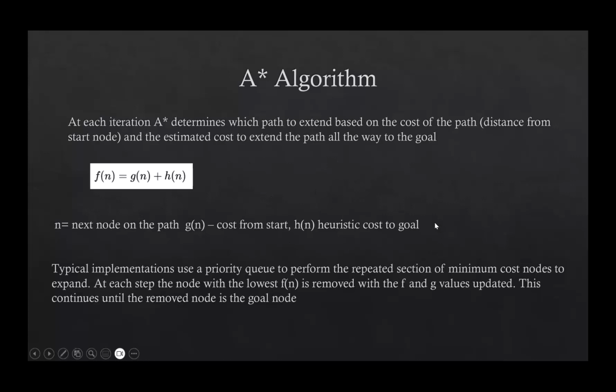It'll keep doing this and expanding until it removes the goal node. Because each time it's taking out the lowest node, if you keep taking it out until the goal node is the lowest node, that tends to optimize your search path for this algorithm.